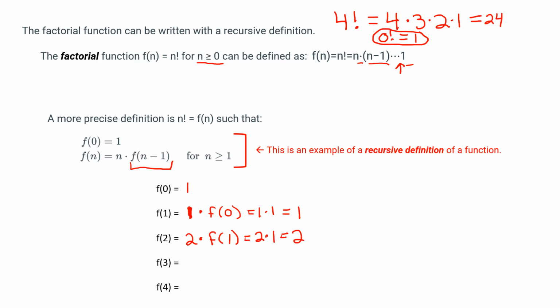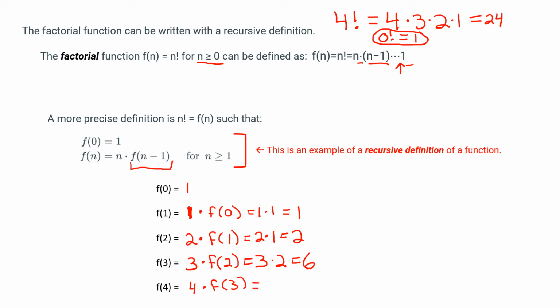F of 3, we start with n, which is 3, times f at that previous integer, which was 2. And that's 3 times 2, which is equal to 6. And then f of 4 is 4 times f of 3.